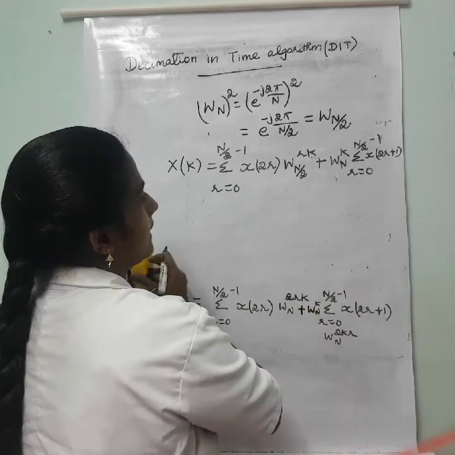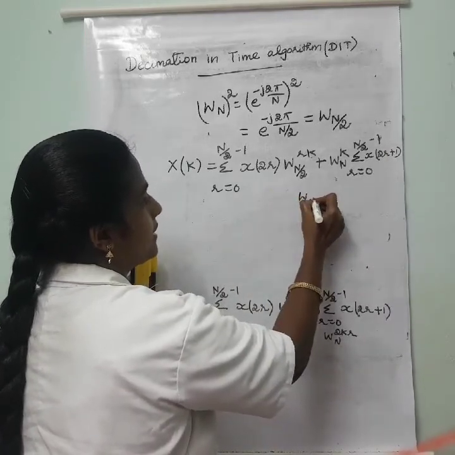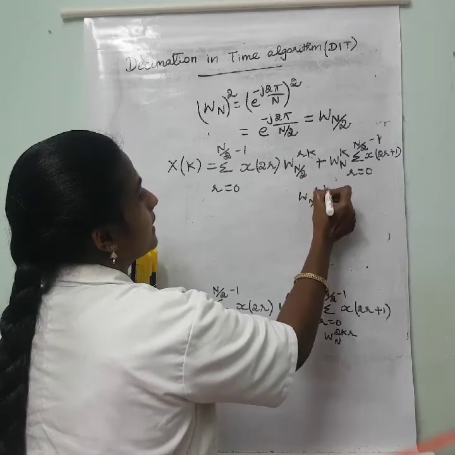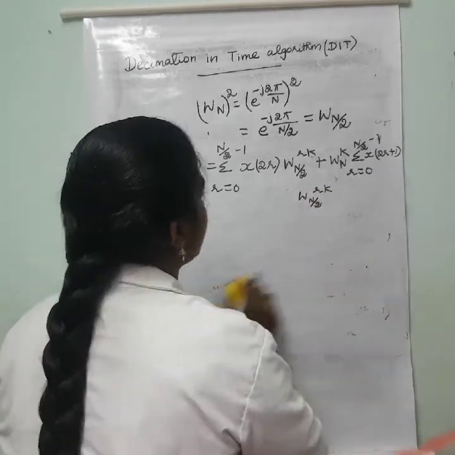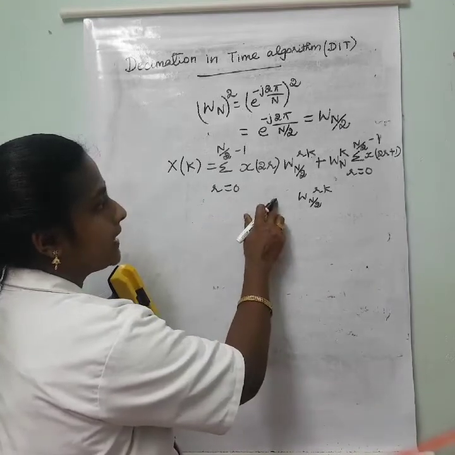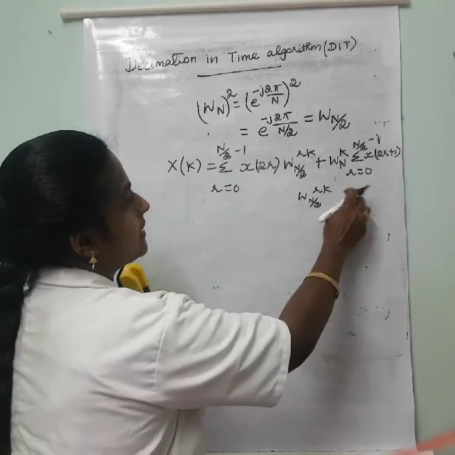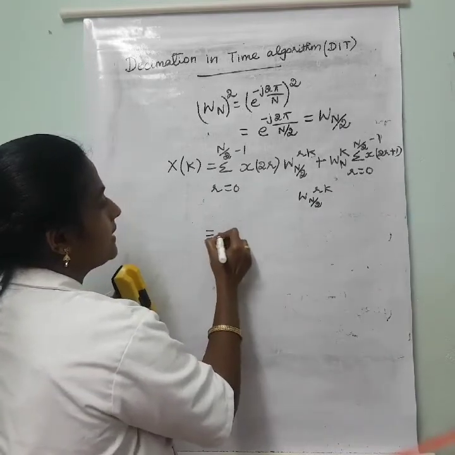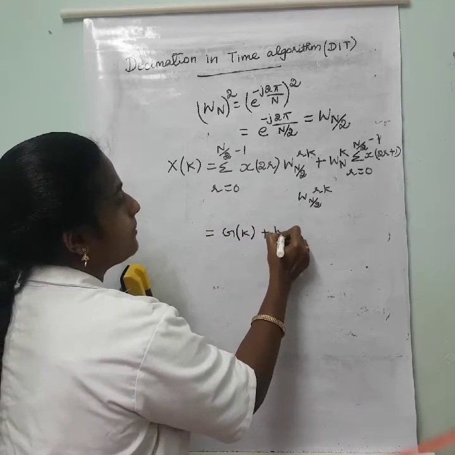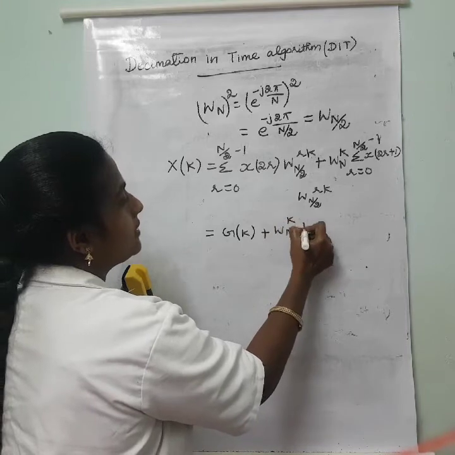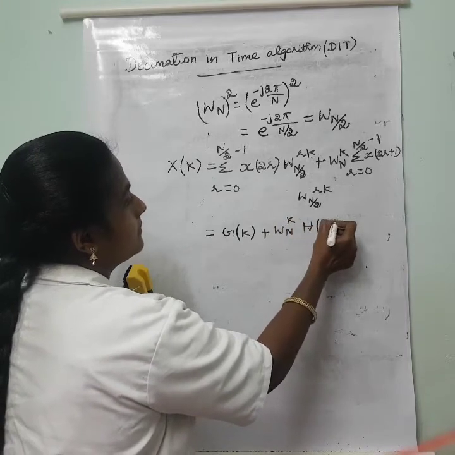Here also you can write it as W_N by 2 power rk. So next we can take this as G of k and this as H of k. So you will get it as G of k plus W_N power k into H of k.